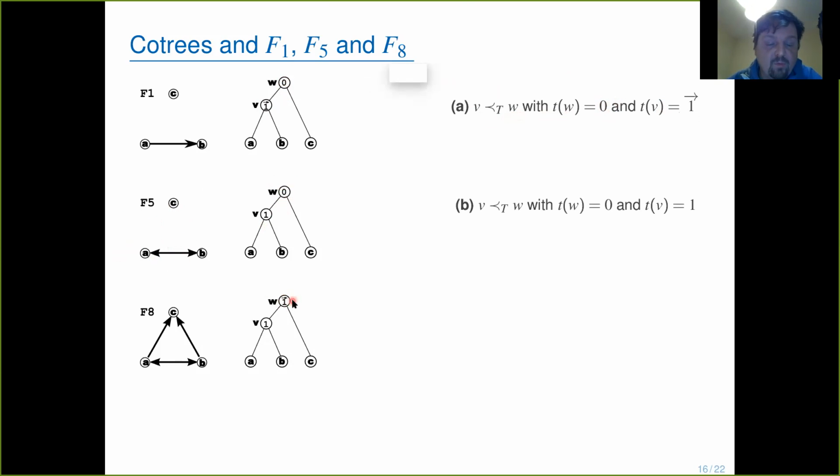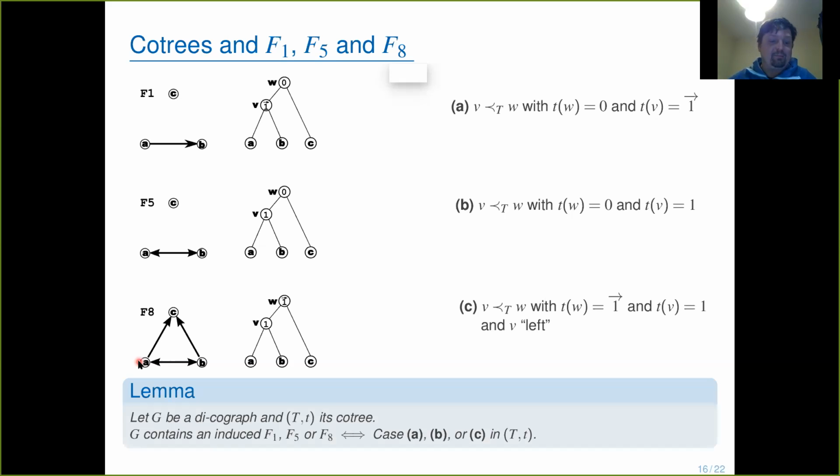And if we have an arrow 1 followed by a 1, we have an F8 subgraph. And so the lemma is, if we have a cograph in its cotree, then we know that this cograph contains one of these forbidden subgraphs whenever in the corresponding tree these situations occur.